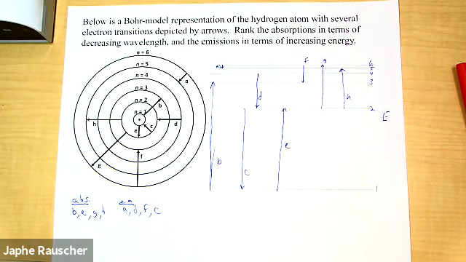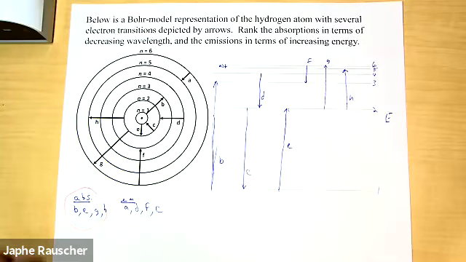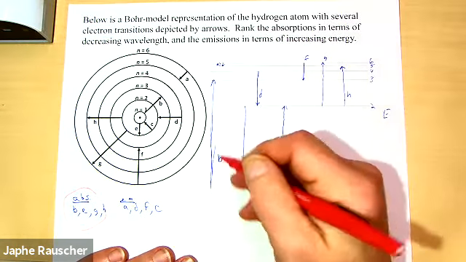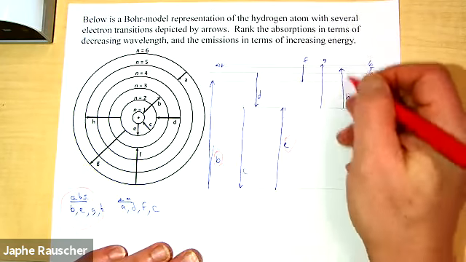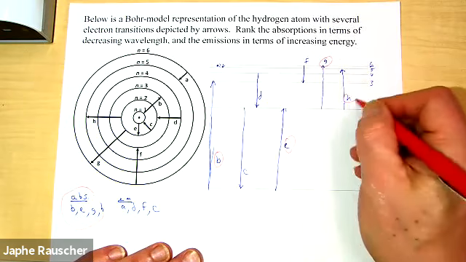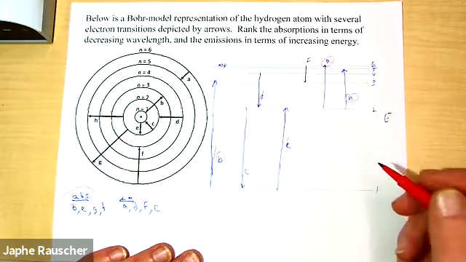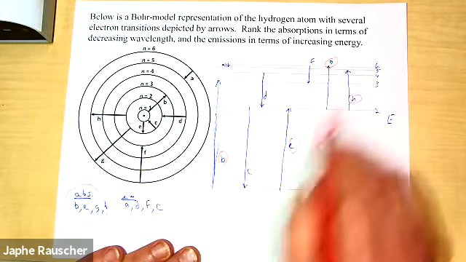I'm going to mark the absorptions in red and leave the emissions as blue. So these are our 4 absorptions. Which one has the longest line?